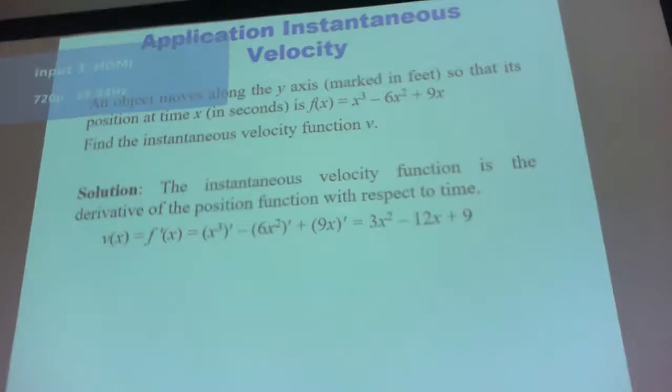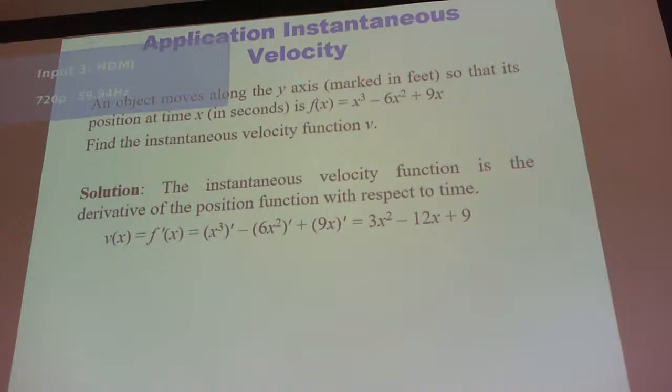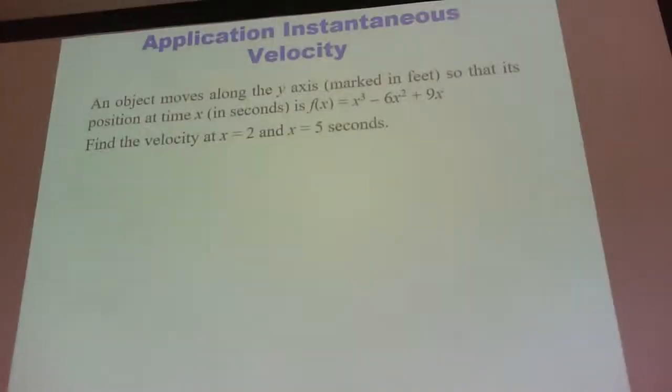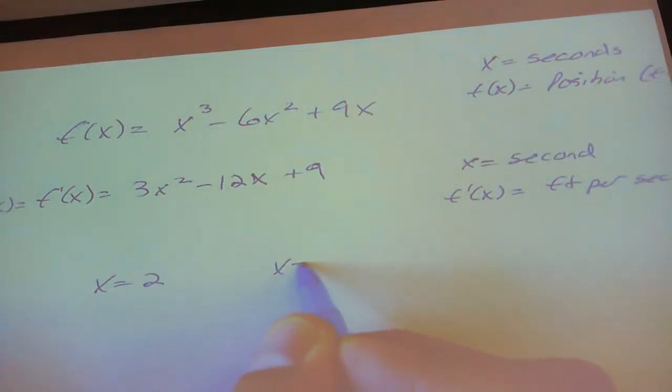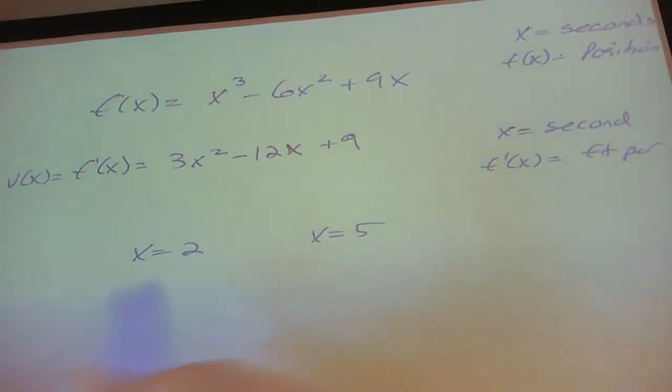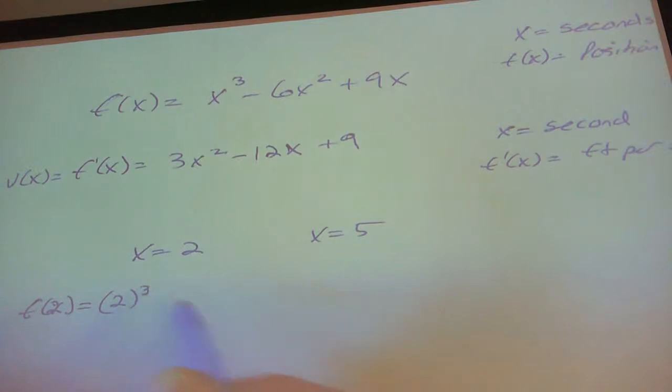So again, in the notes, they got 3x squared minus 12x plus 9. We want to find the velocity at 2 seconds and 5 seconds. And I'm going to take this even further. We're going to find the velocity and the position at 2 seconds and 5 seconds. So we want to know when x is 2 and when x is 5. Now, I think it's clear that if I want to know the position at 2, I would plug into the original.